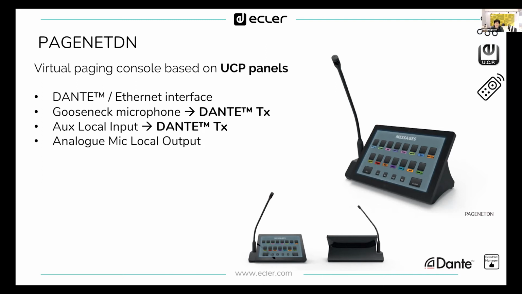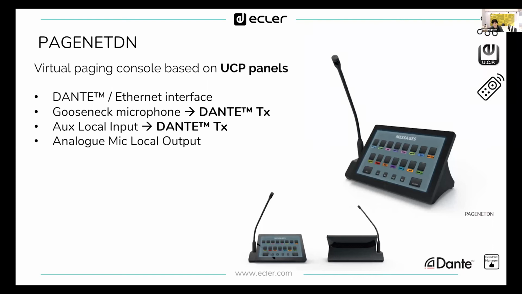So you can use this output to send analog audio to these matrices and use it as a paging station as well, because you can create the UCPs for behaving as a paging station for MIMO 88SG and MIMO 12SG.